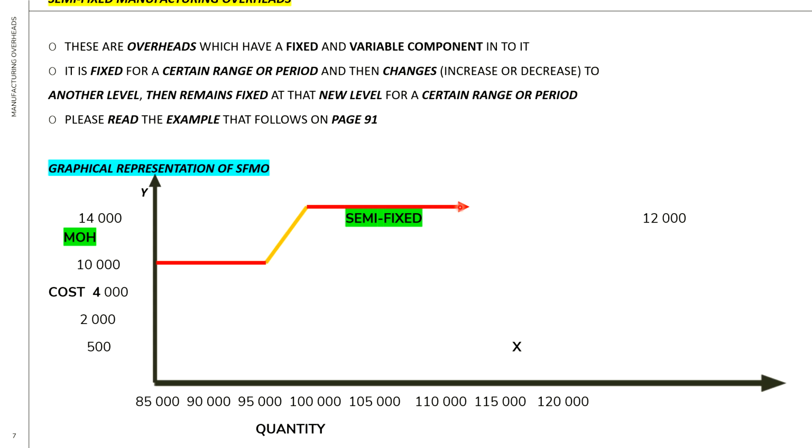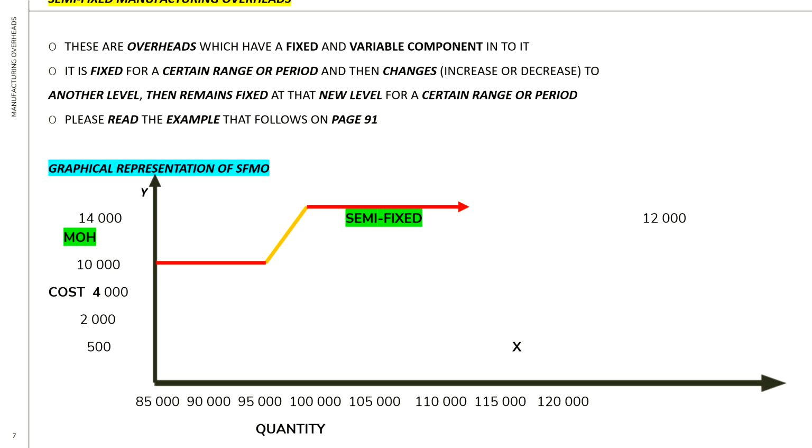You see? So it's fixed, and then at some point it changes. Okay, and then it increases to 14,000 according to our example. All right, I hope that one is clear.